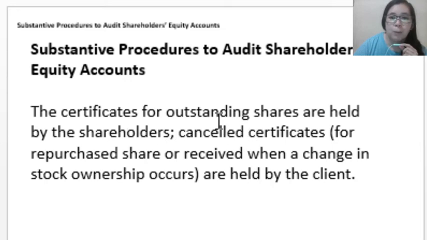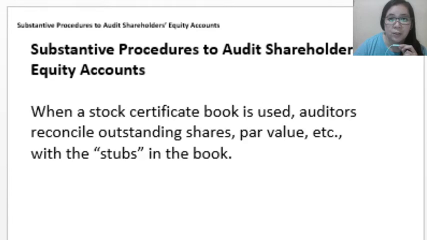Outstanding shares are shares in the hands of the shareholders, because there are shares which are issued but have been repurchased. These are treasury shares held by the entity, so they are not part of the outstanding shares.